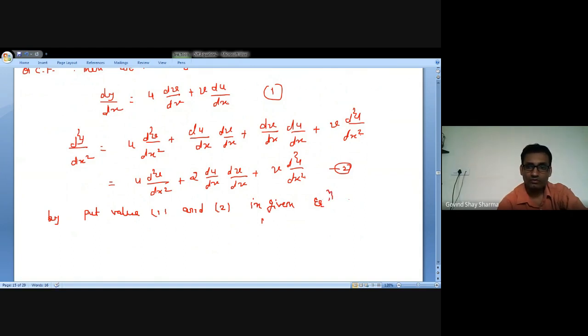So the result is d2v upon dx square plus (2 upon u du upon dx plus p) dv upon dx is equal to 0.